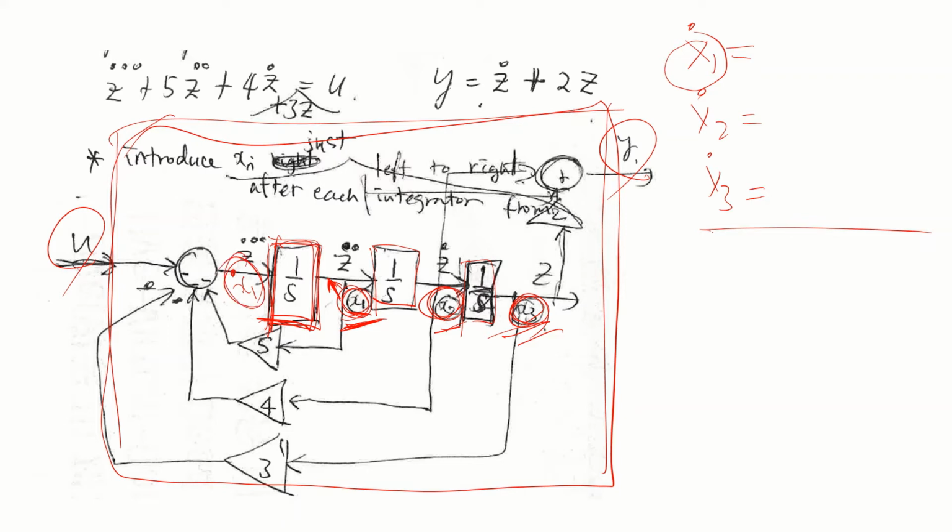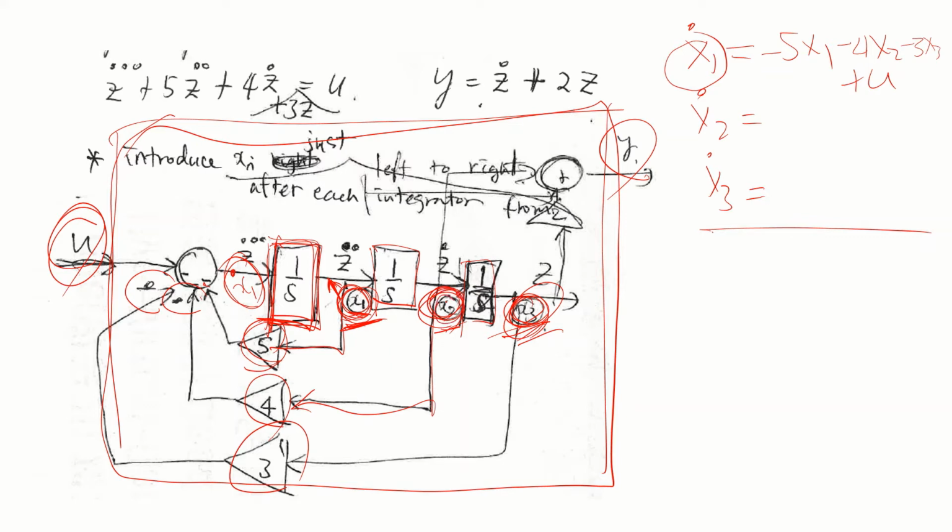X1 dot would be what? 5 times x1 with a negative sign, so minus 5 x1. And how about this? 4 times x2 with a negative sign. And this one, x3, and 3 times x3 with a negative sign. And we have plus u, okay? So that's the expression for x1 dot.